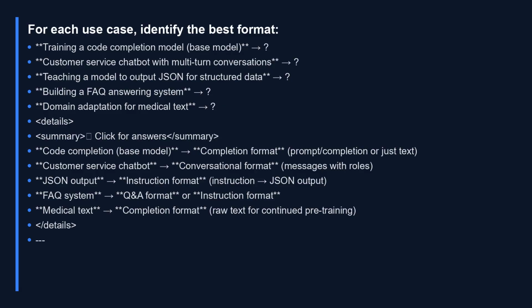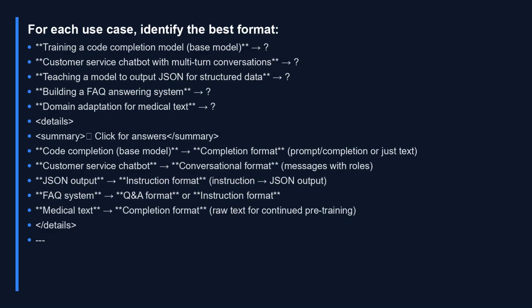Here are the answers to the format selection exercise. A code completion base model uses the completion format, prompt and completion pairs, or just raw text. A customer service chatbot with multi-turn conversations uses the conversation format with system, user, and assistant roles. Teaching a model to output structured JSON uses the instruction format, where the output field contains valid JSON strings.